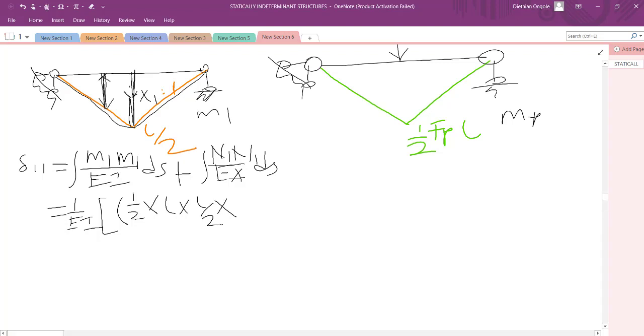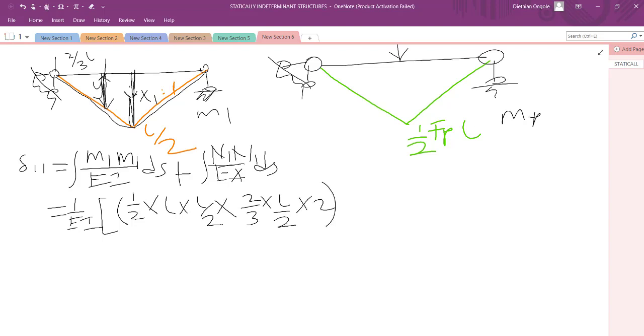From this point up to this point we have 2 over 3 of L, isn't it? When you use similar triangles, you'll discover that this height y would be equivalent to 2 over 3 times L over 2, like that. Then there are how many triangles? There are 2 triangles.